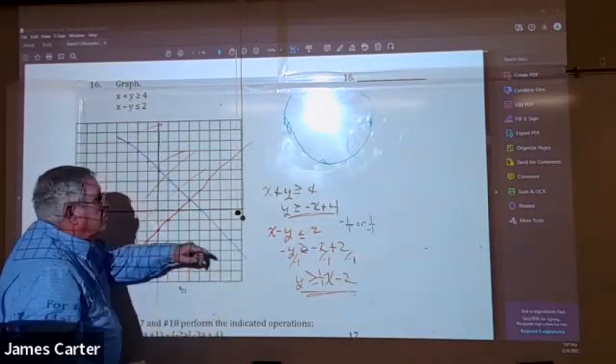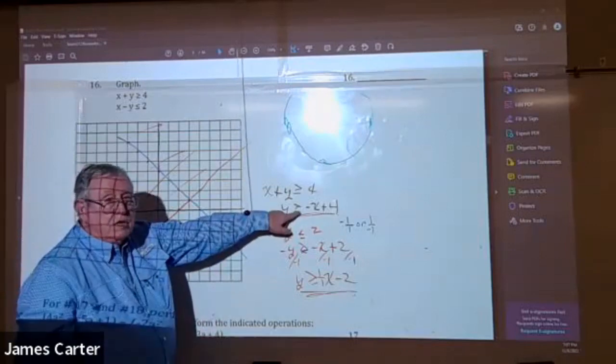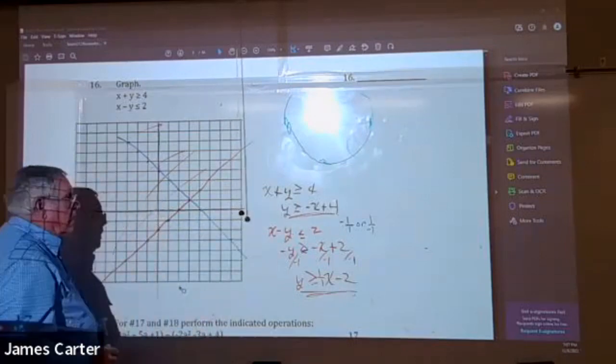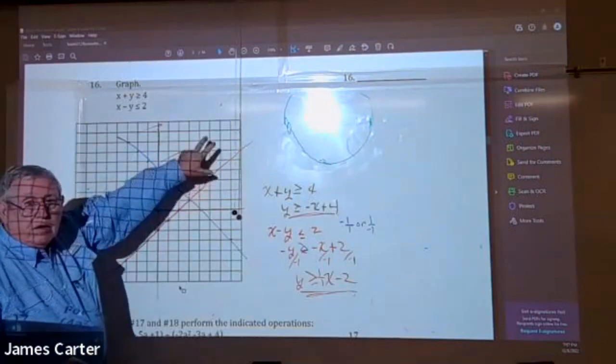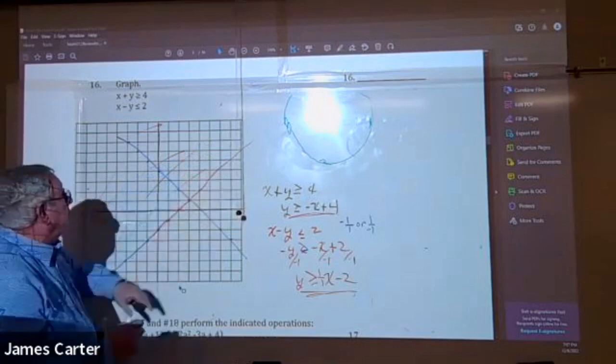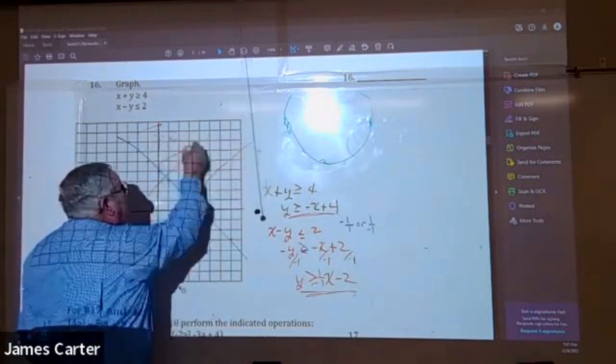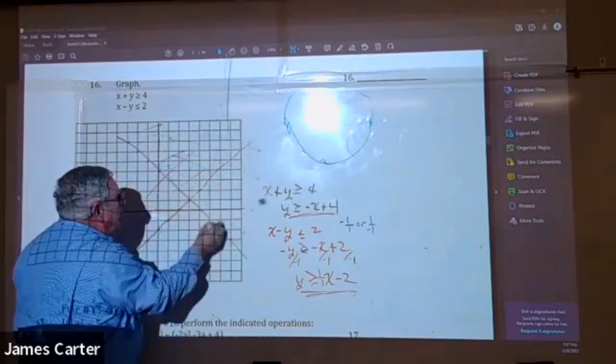And it's solid also because of the or equal. Now, where do I shade on it? Up here, right? Correct? So here, like this.